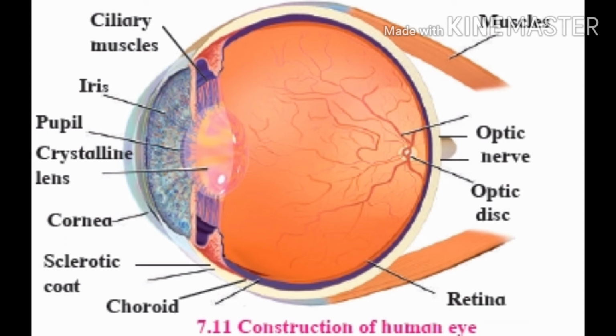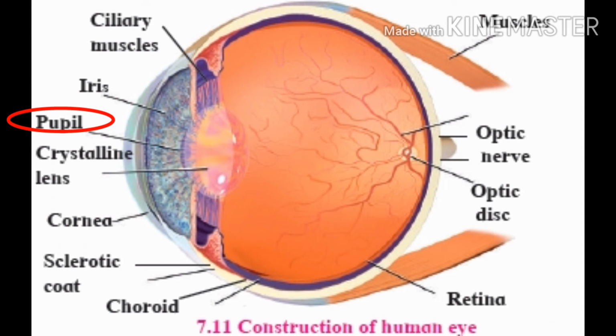There is a small hole of changing diameter at the center of the iris which is called the pupil. The pupil controls the amount of light entering the eye. If the light falling on the eye is too bright, then the pupil contracts. If the light falling on the eye is dim, then it widens, that is, enlarges.